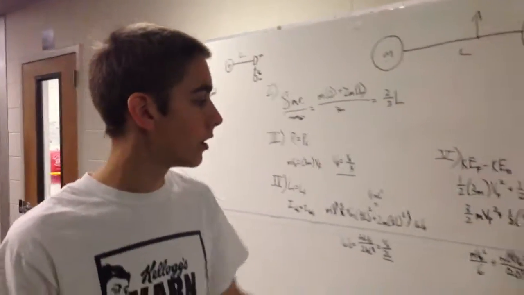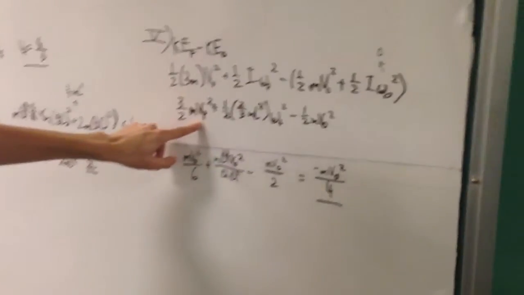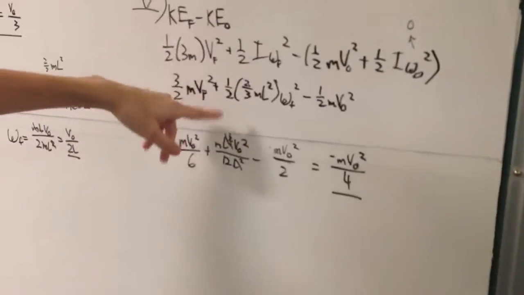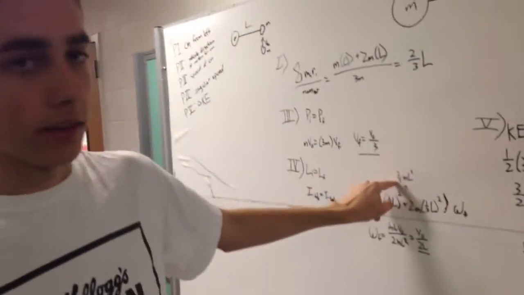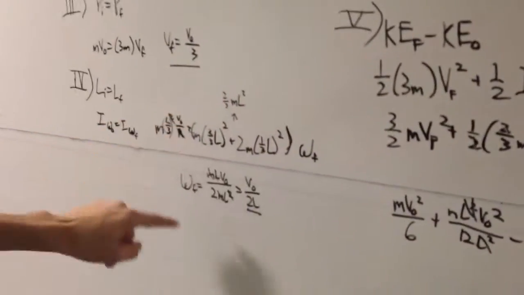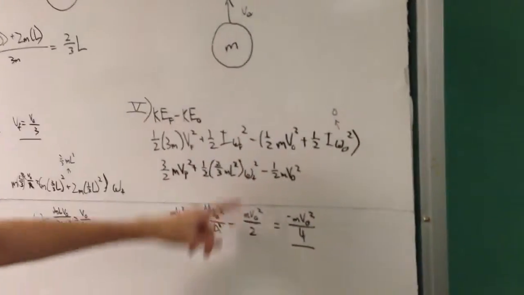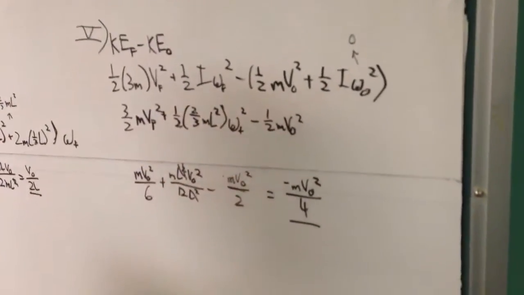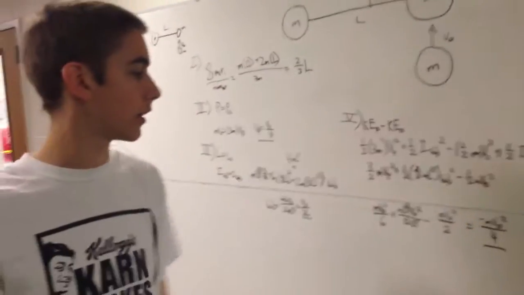So we get 3 over 2 m v final squared plus 1 over 2 times the I from this part, as we found before, times omega final squared minus 1/2 m v sub o squared. This is still final kinetic energy, initial kinetic energy.